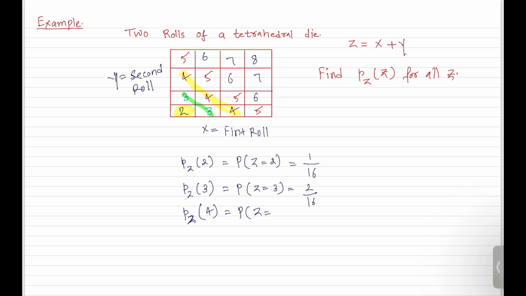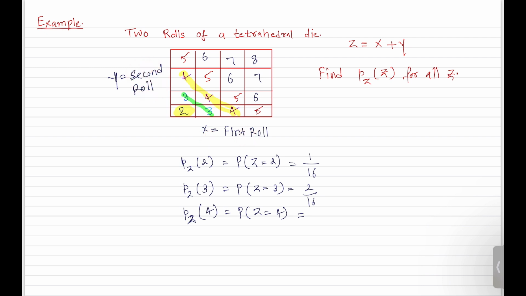It is nothing but finding the probability where random variable z is equal to 4, and for that, which events correspond to it? Maybe on the first roll you will get 1 and on the second roll you will get 3, right?